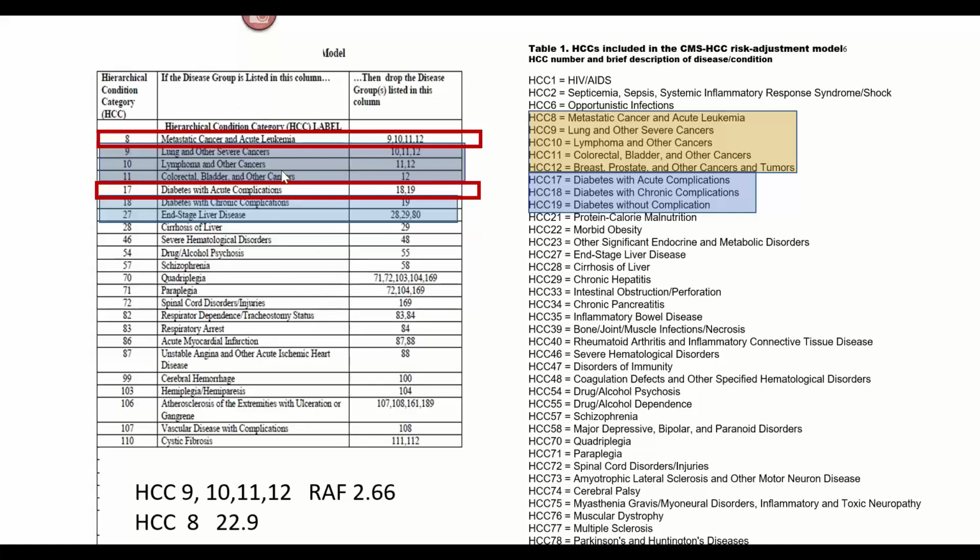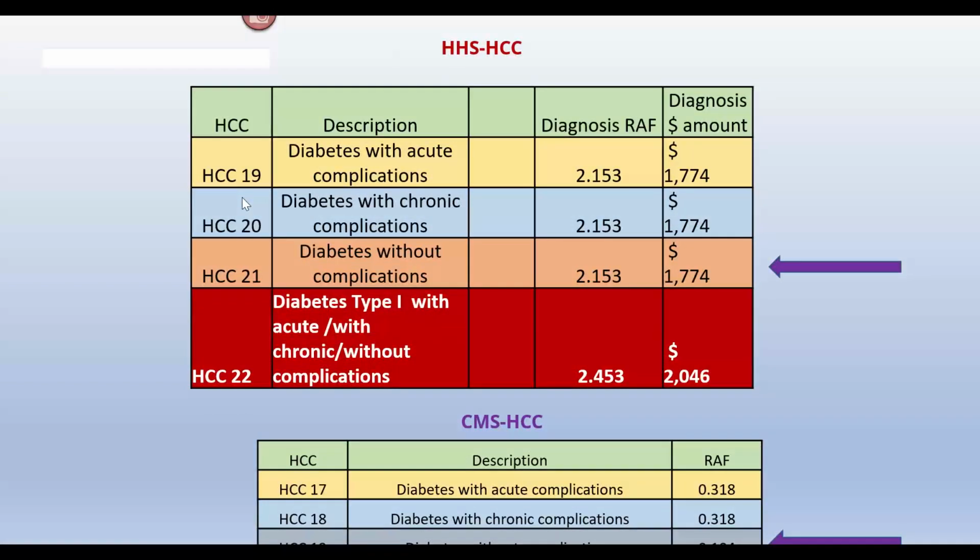So again, I just included these, but to show you an example here, the RAF under the HCC model is 2.66 for any of these cancers, where it's 22.9 for anything that's metastasized. And again, remember, in the HHS model, we have younger populations. Complications of diabetes don't really manifest themselves as extra costs for the most part.